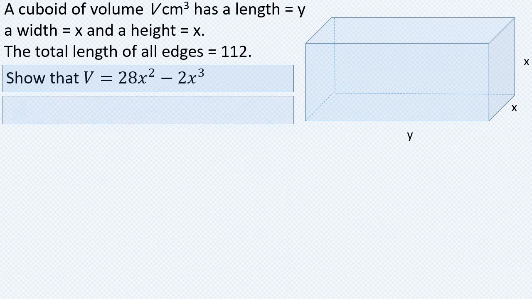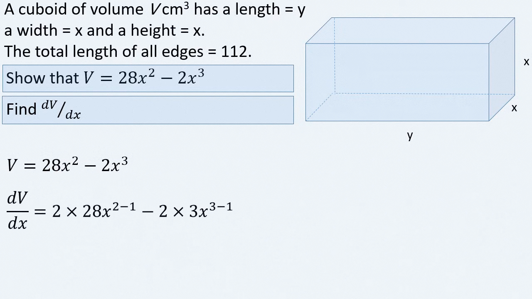Now, the second part of the question is quite simple. It asks us to find dV by dx, which is the derivative of the equation of the volume. So if V equals 28x squared minus 2x cubed, remember, to get the derivative dV by dx, we multiply the index by the coefficient of x. So the index is 2 and the coefficient of x is 28, so it becomes 2 times 28x, and the power of x is reduced by 1, so we have 2 times 28x to the power 2 minus 1.